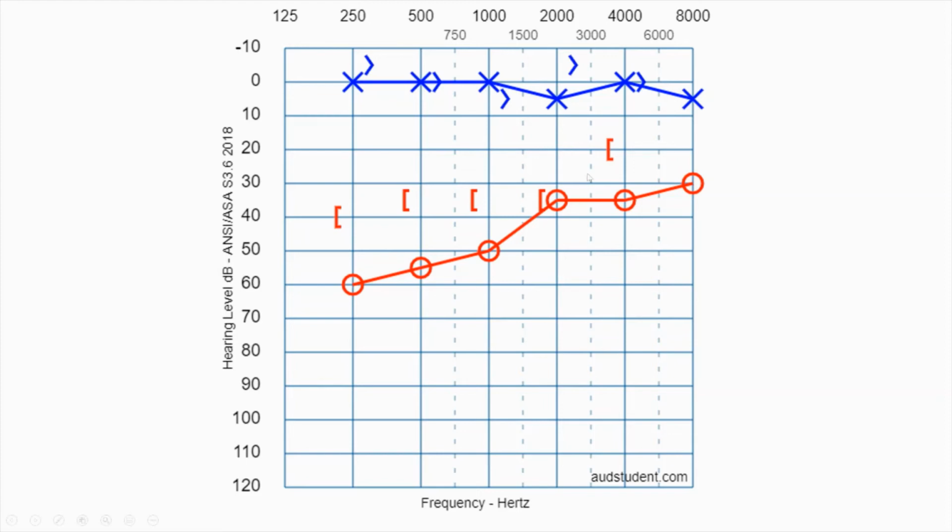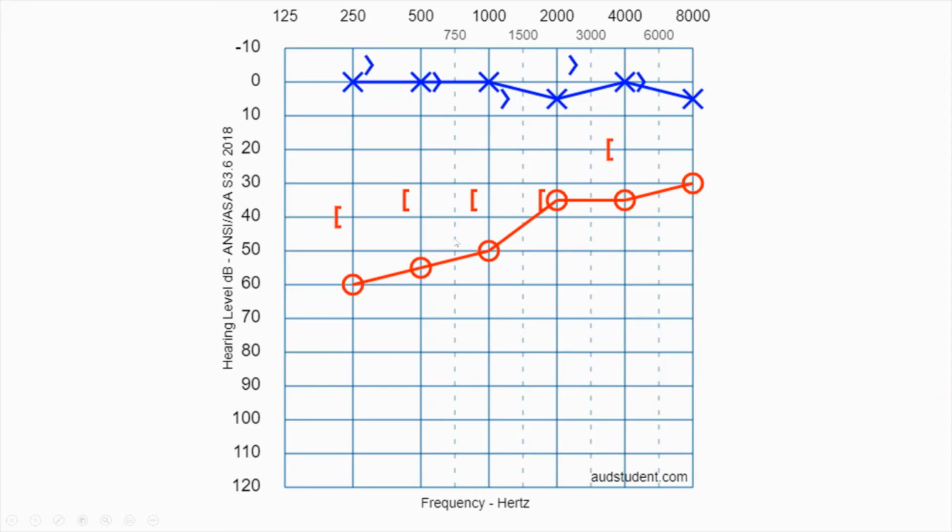So looking here, we've got our air conduction shown by the circles and bone conduction by our little brackets. This one has 5, 10, 15, 0, 5, 10, 15, 5, 10, 15, 20, 5, 10, 15, 20.